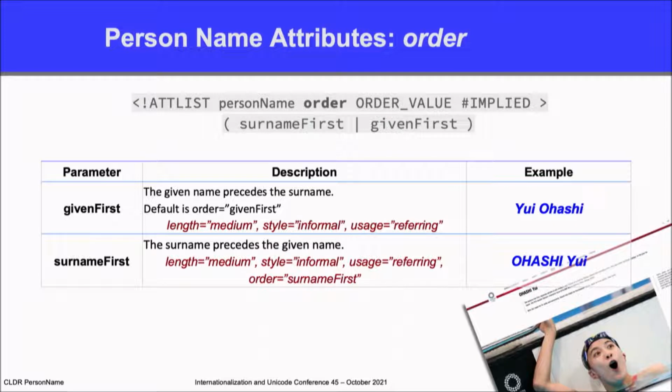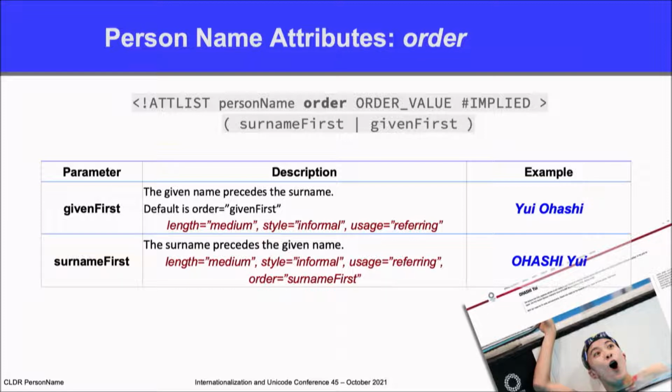The final one is order, and order is an optional field, and this is something that can show up, for instance, recently with the Olympics in Japan. The government of Japan said, for all the other nations, you decide how you want to present your athletes. Most of them would be given name first with surname afterwards.